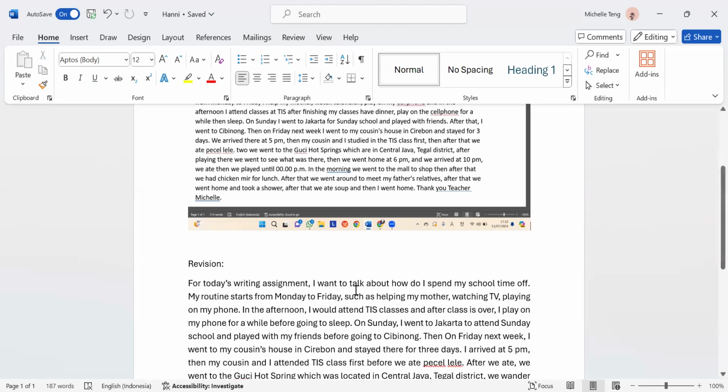And then and played with my friends, we were going to Cibinong. This is the one that I'm talking about, where I combined the sentences. And yes, this is went and played. Those are the verbs, and yes, they are parallel because we're talking about the past and both of them are past tense.